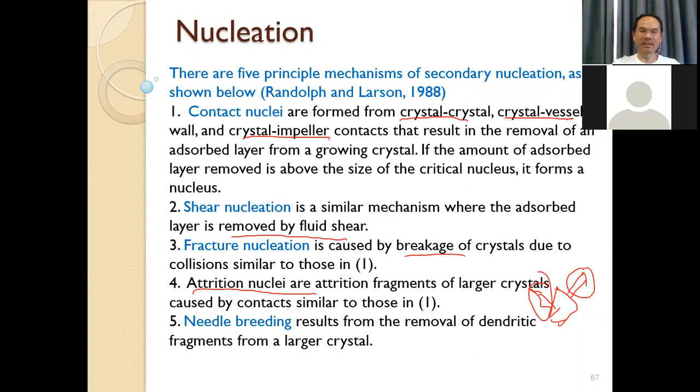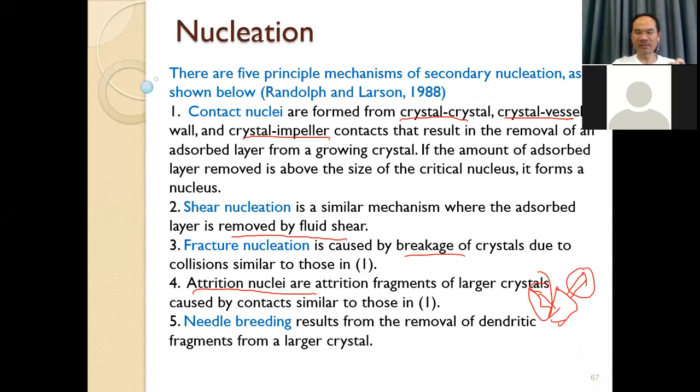For primary nucleation, the crystal forms in a clear solution. For secondary nucleation, the number of crystals increases based on the mechanism of breakage, or shear nucleation, or contact nuclei, or attrition nuclei, something like this.